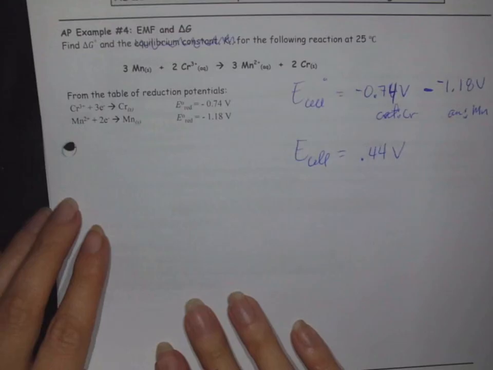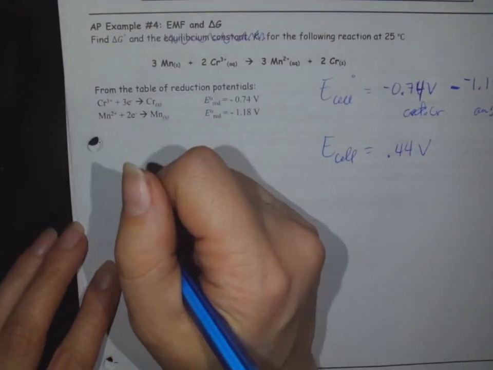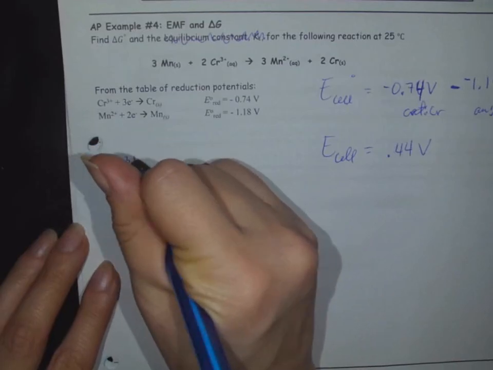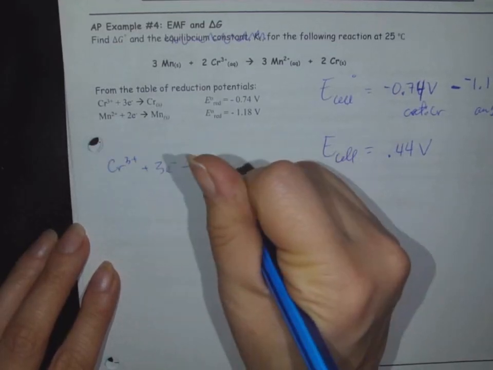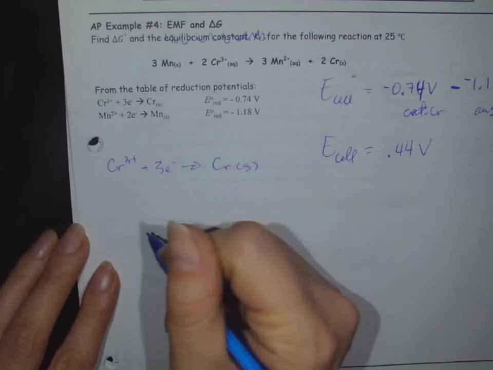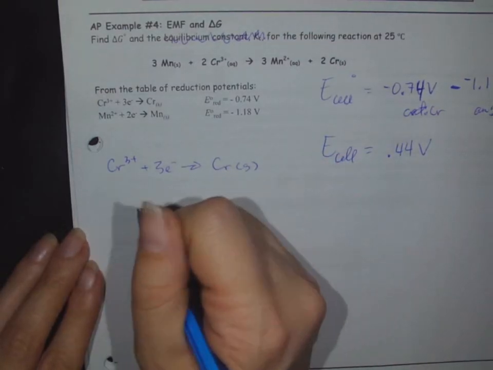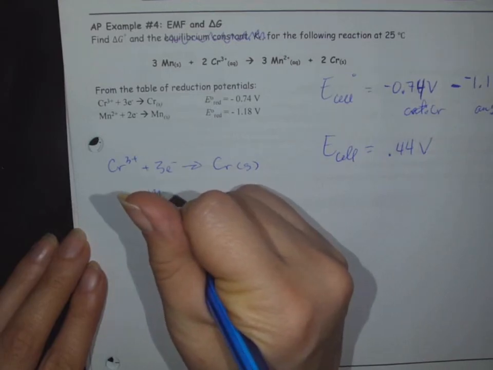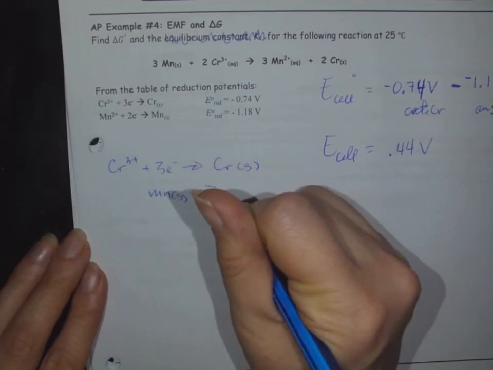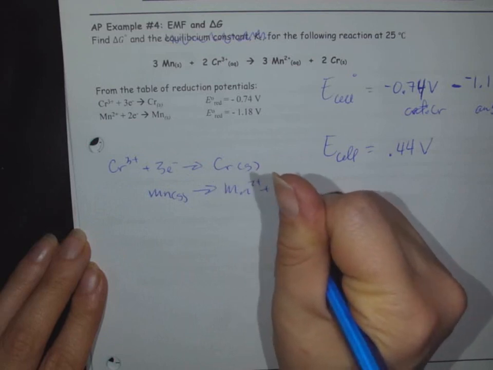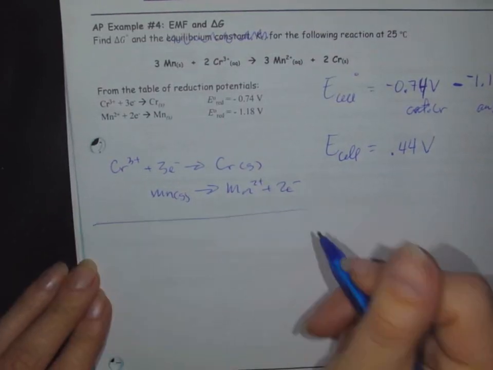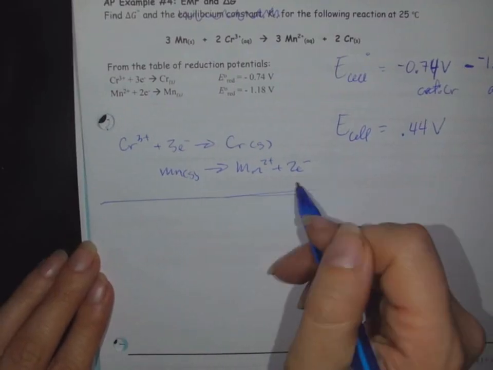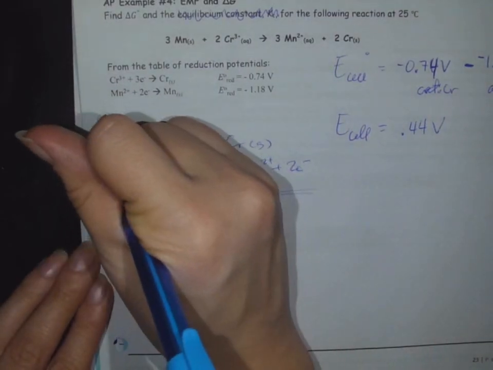All right, great. What is the amount of electrons transferred, though? Because we're reducing this chromium, Cr3+ plus 3 electrons turns into chromium solid, and we're oxidizing our other one, Mn solid turns into Mn2+ plus 2 electrons. We need these electrons to be the same. So when one is odd and one is even, we can multiply them.